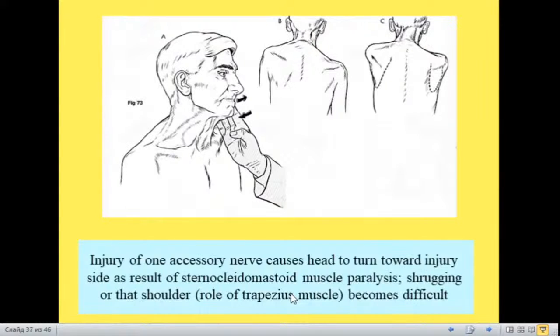An injury to accessory nerve causes head to turn towards injury site as a result of sternocleidomastoid muscle paralysis, shrugging of the shoulder become difficult.